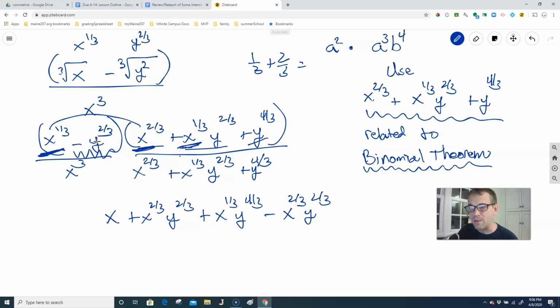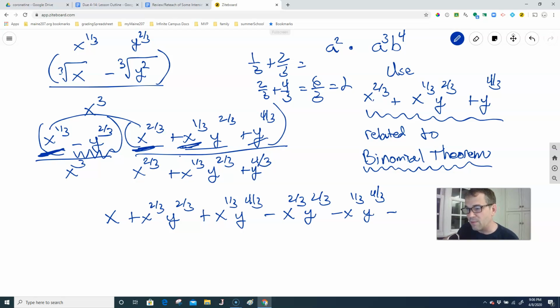All right, so now negative y to the 2/3 times this guy. There's a part where there's a common base. So I'll add 2/3 to 2/3, which is 4/3. Of course, it's negative, so I have negative x to the 1/3 y to the 4/3, and then negative y to the 2/3 times this guy. I'll add those powers. 2/3 plus 4/3 is 6/3, and that reduces down to 2.